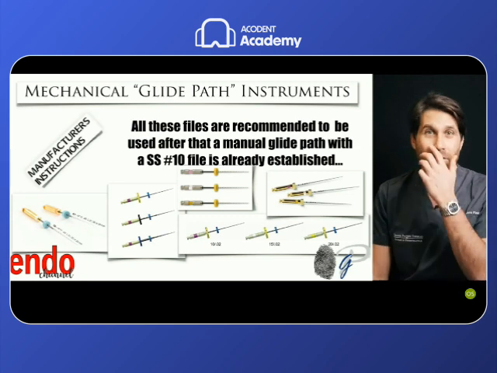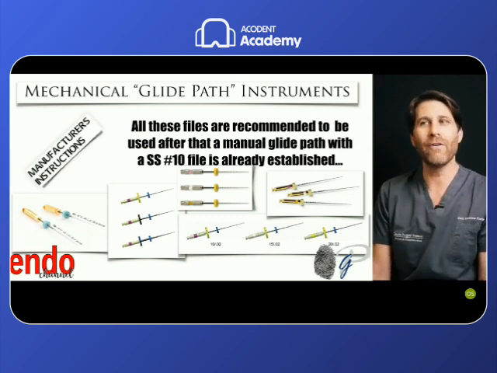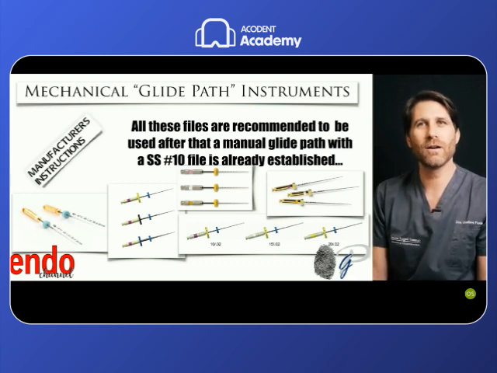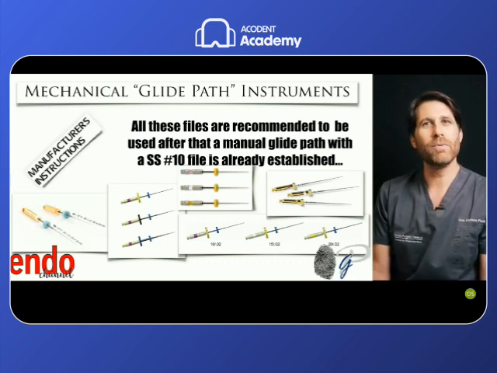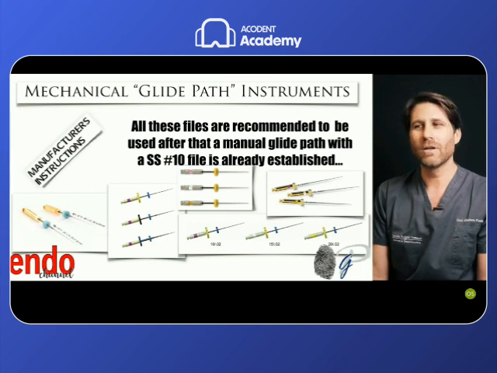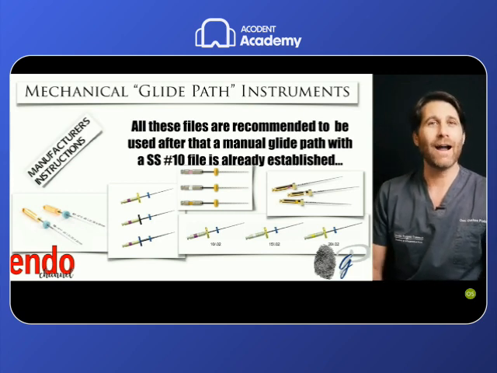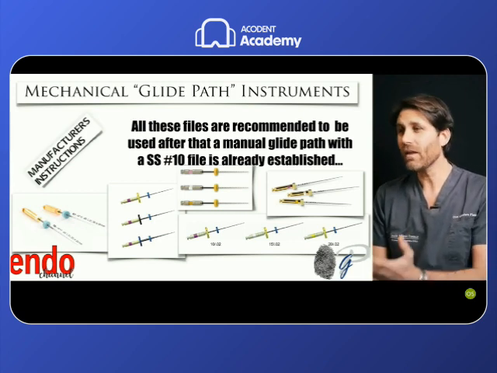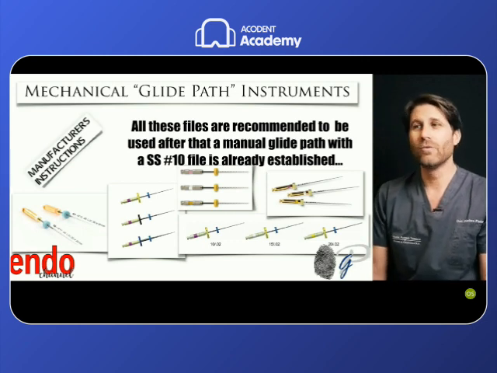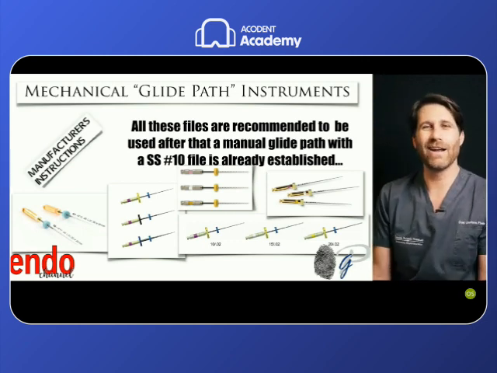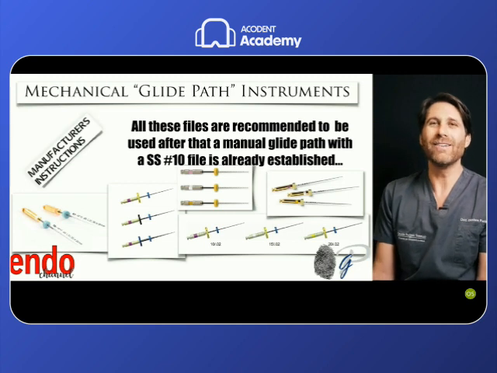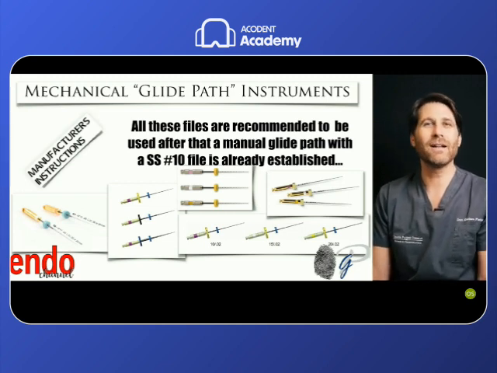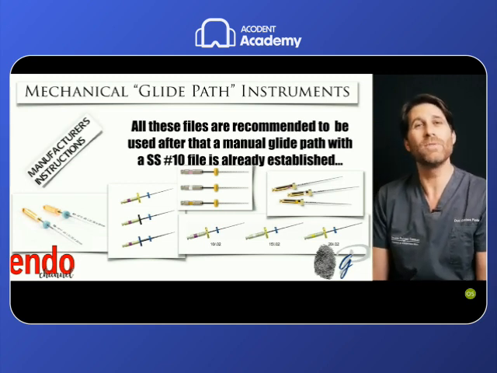Because when we reach the working length with a stainless steel 10 file that goes uninterrupted to the terminus of the canal in a predictable, repeatable way, in a smooth root canal wall, we already have a glide path by definition. So we need this to start using this mechanical glide path file. So we are using this mechanical glide path file in a canal in which we have already obtained the manual glide path.